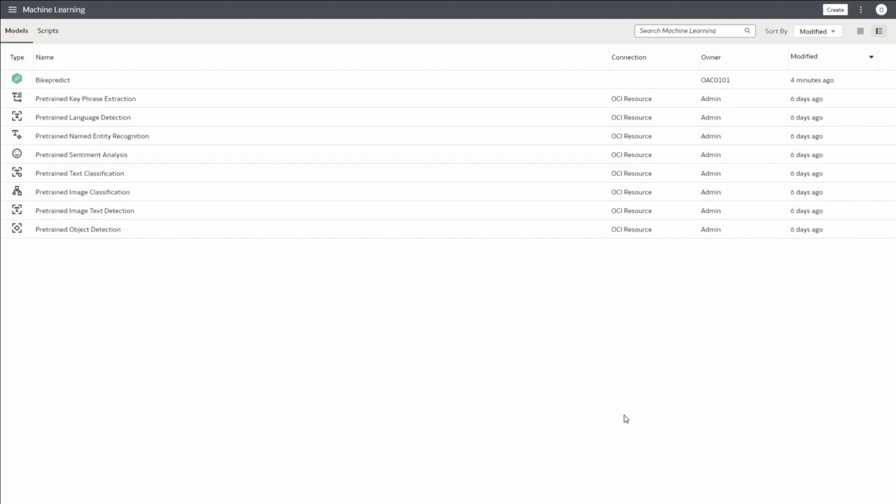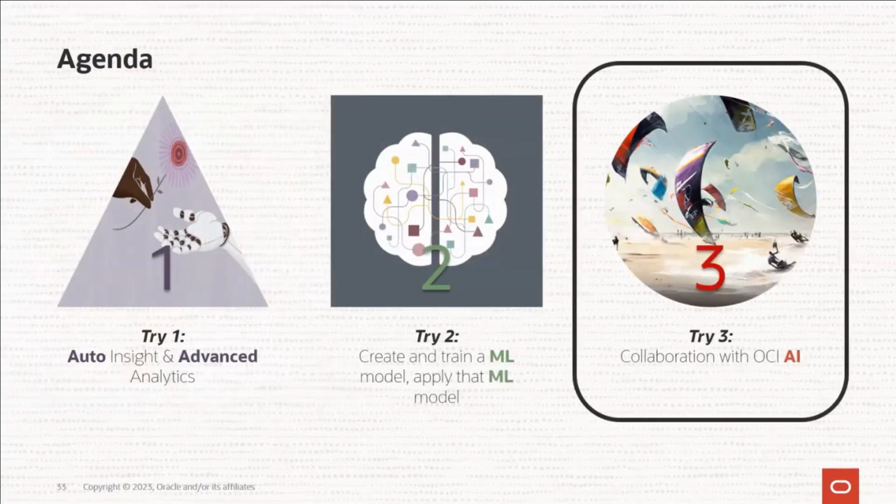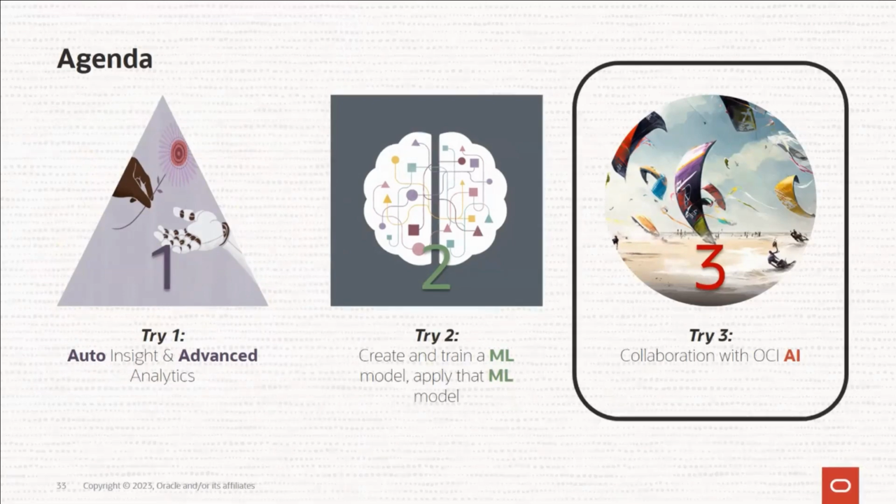Now, moving on. We just concluded the second try. Let's move to the third one. In this, we are going to use an integrated AI service and apply that service on a data set within Oracle Analytics Cloud, and then take it ahead and see how the outcome looks.